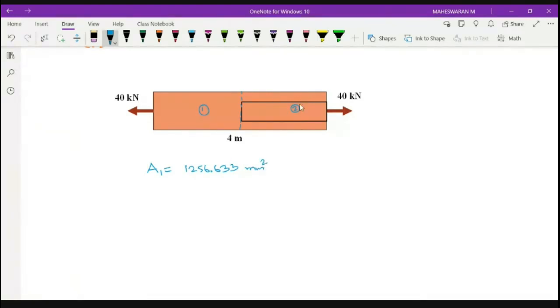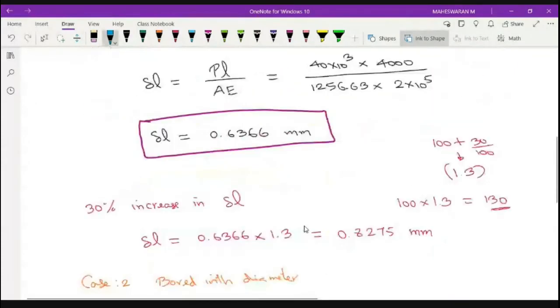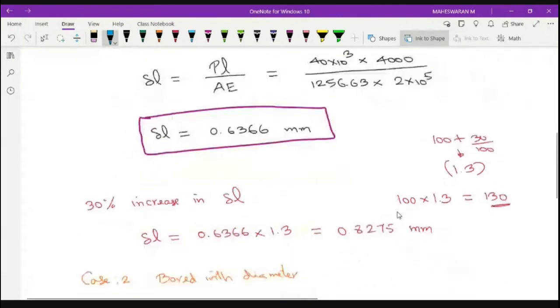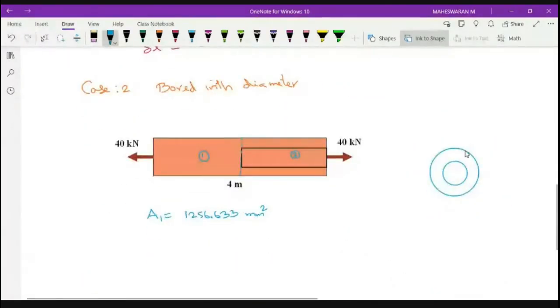So for section 2, you have two diameters now, right? One you have 40 mm diameter, the other is a hole at the center. So what is the hole size? The hole is 20 mm, right? So one is diameter 40, the other one is diameter 20.